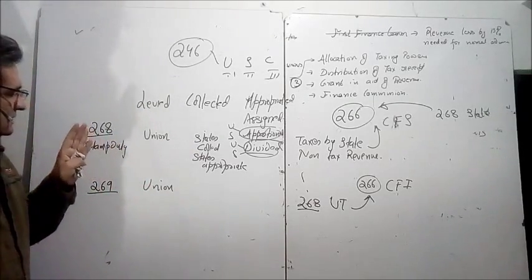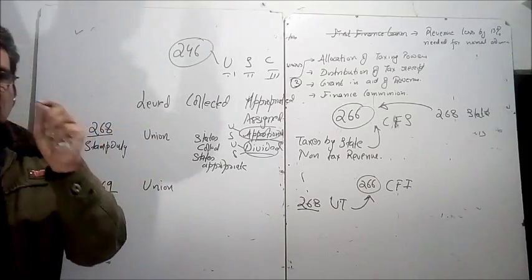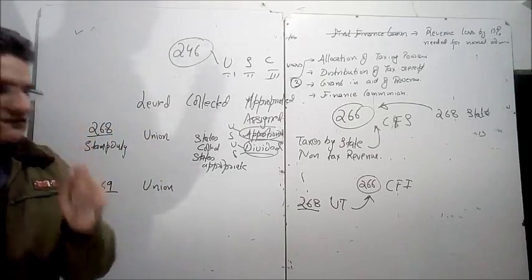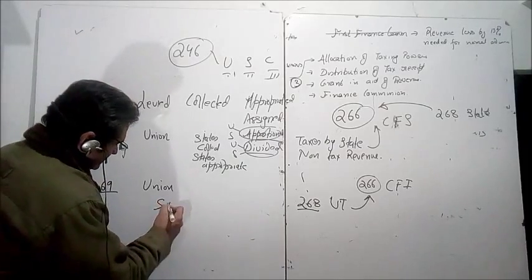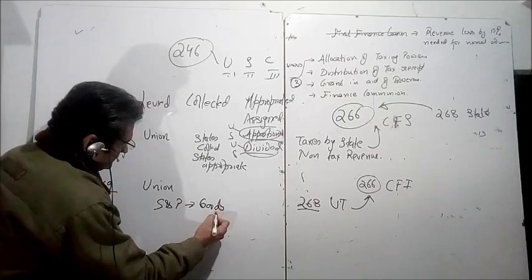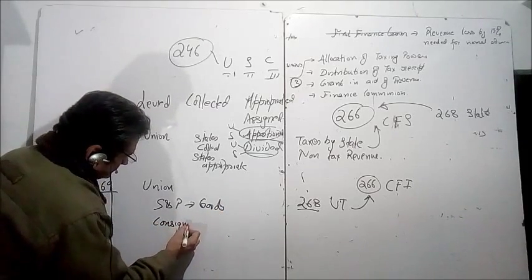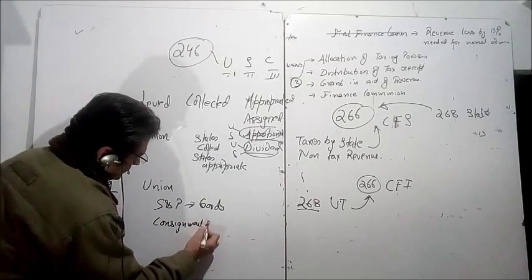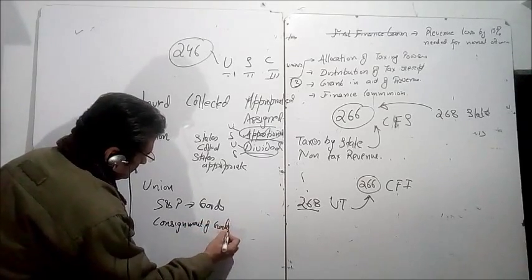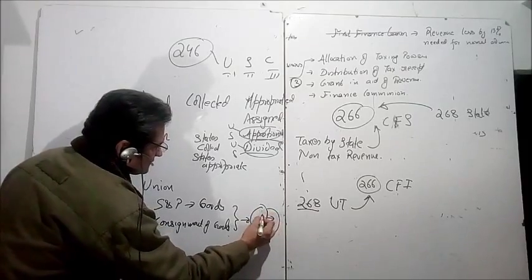So it deals with the tax on the sale and purchase of goods, on consignment of goods, when it happens in case of interstate trade and commerce.